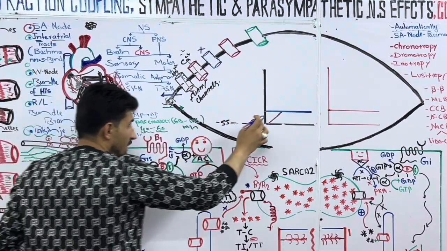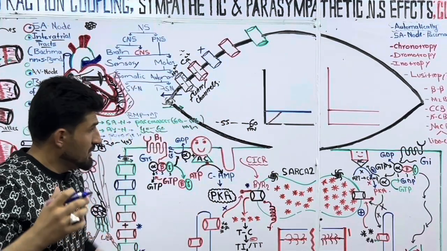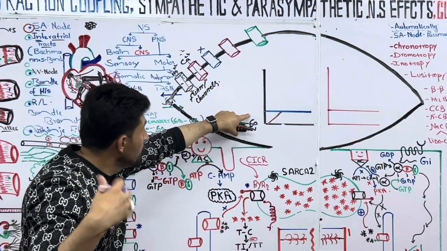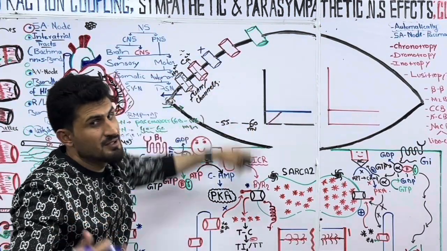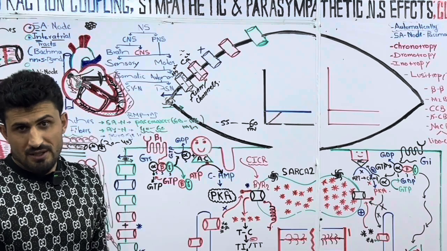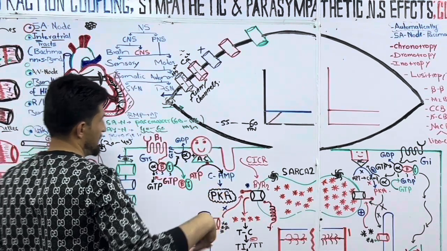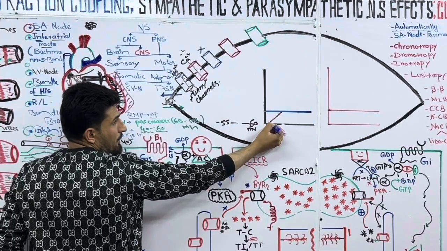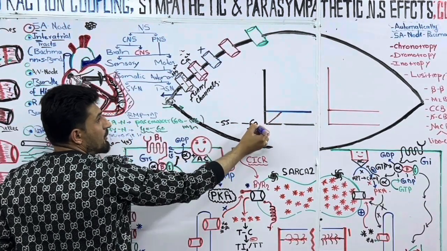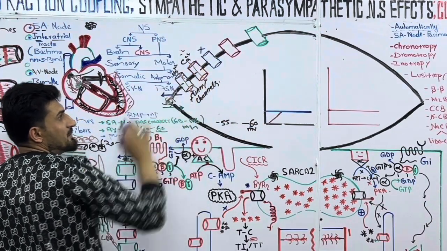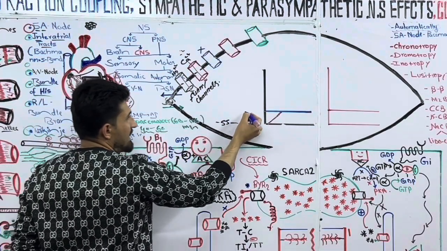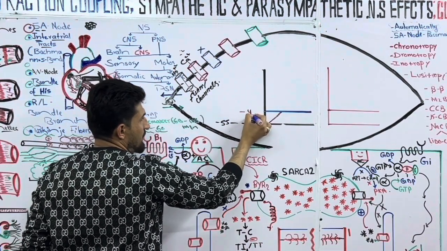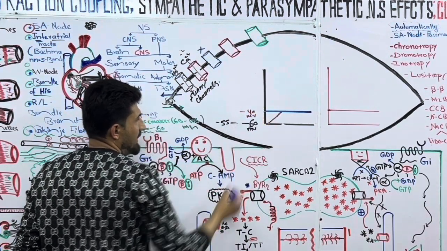So here threshold potential is a specific voltage at which specific voltage gated channels are opened. Got it? From rest to threshold, I'm going automatically with the help of these funny channels. And here threshold potential is around negative 40 millivolts.